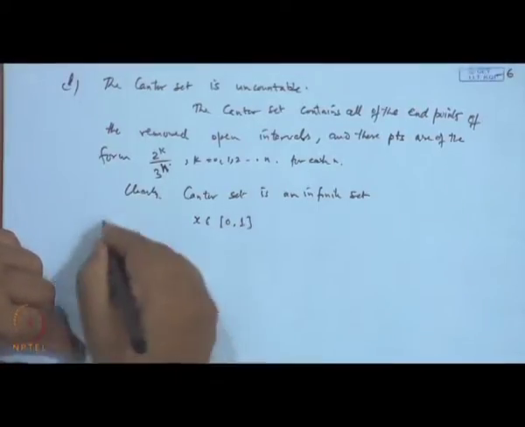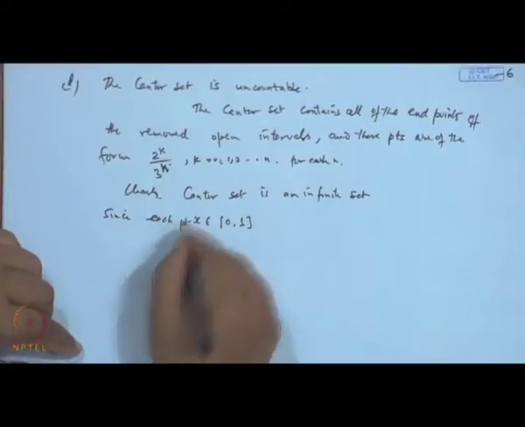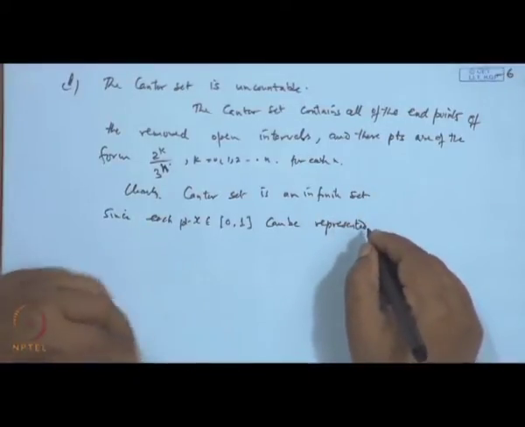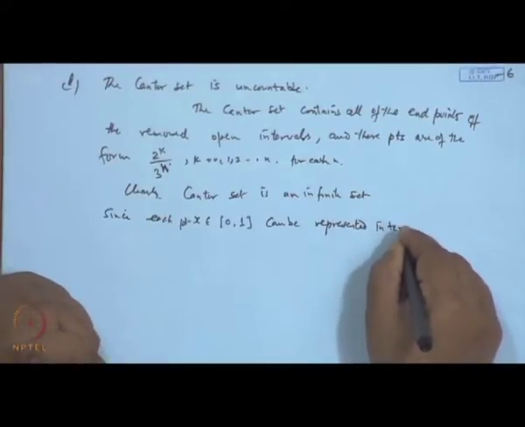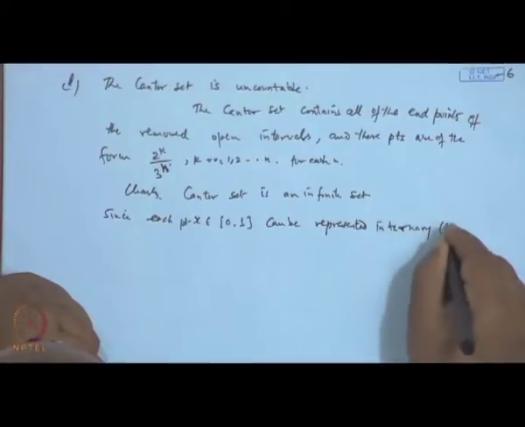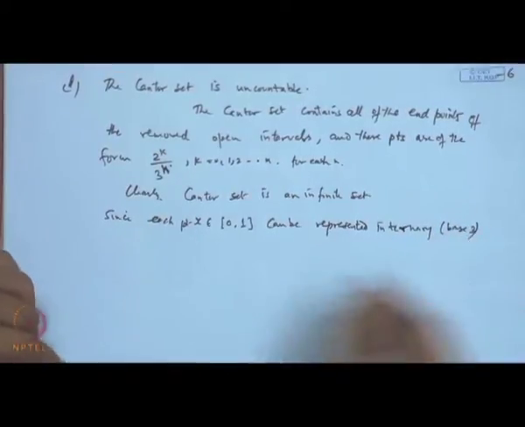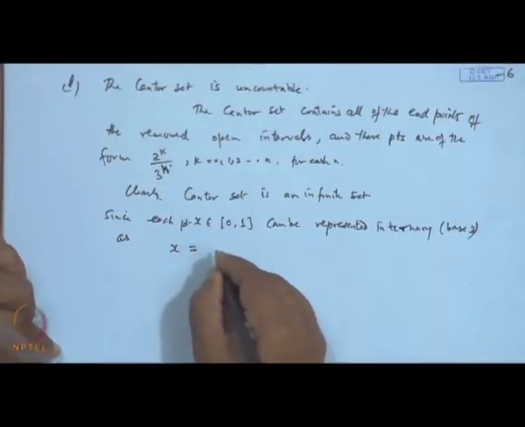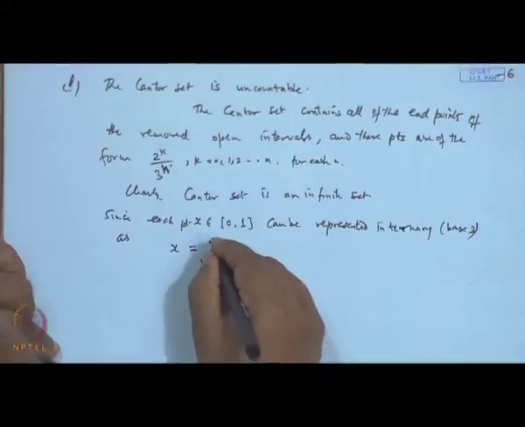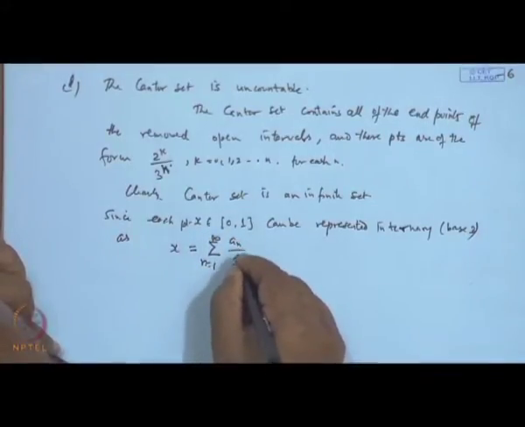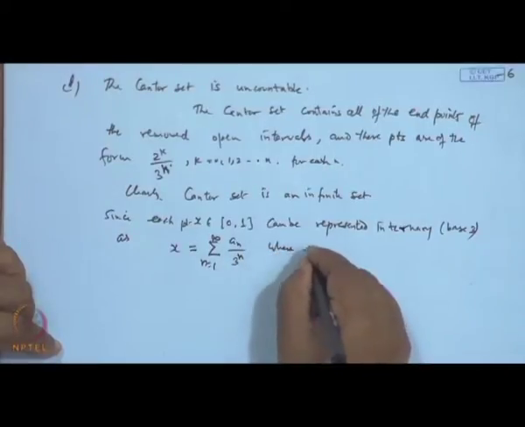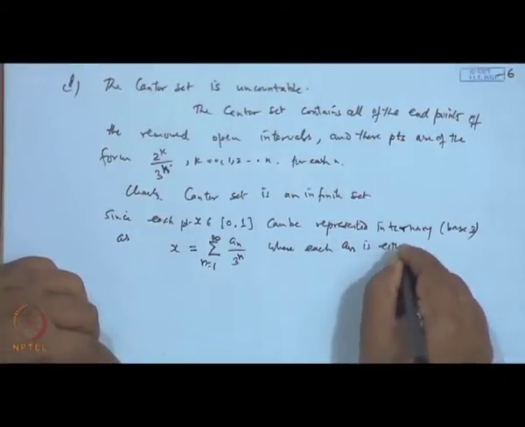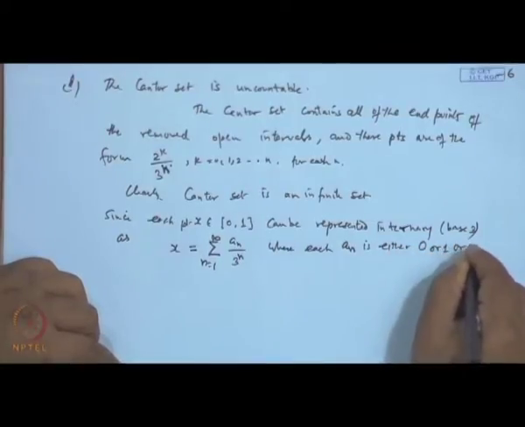Now, if we take any point x belonging to the interval 0 to 1, then each point x can be represented with base 3, and its expansion will be x equal to sigma n is 1 to infinity a_n over 3^n, where each a_n is either 0 or 1 or 2.